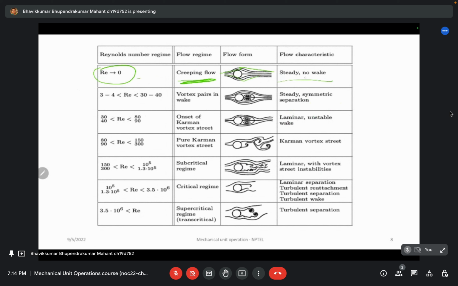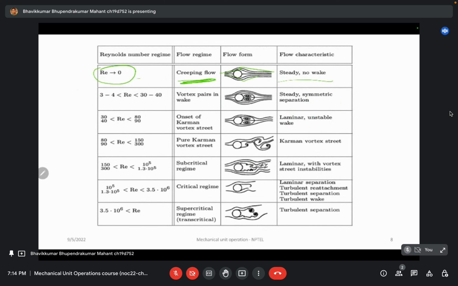So the flow characterization is steady. These are some arbitrary concepts I am presenting for understanding, so you don't have to consider which kind of Reynolds number is there, according to the different kind of Reynolds number.